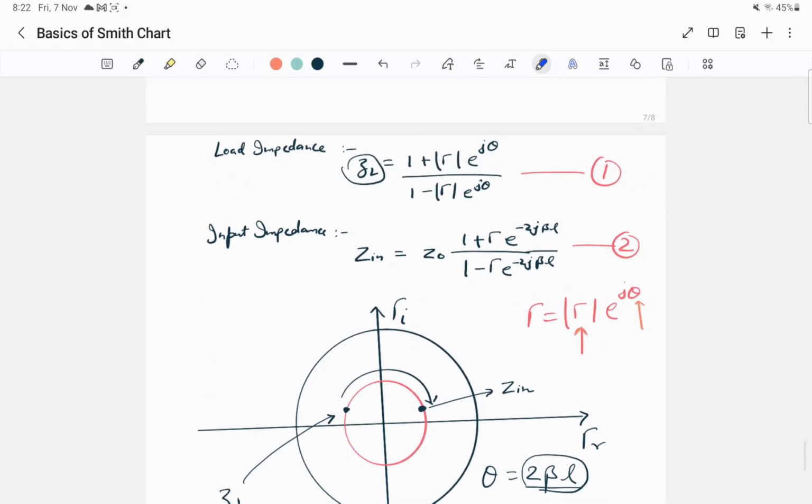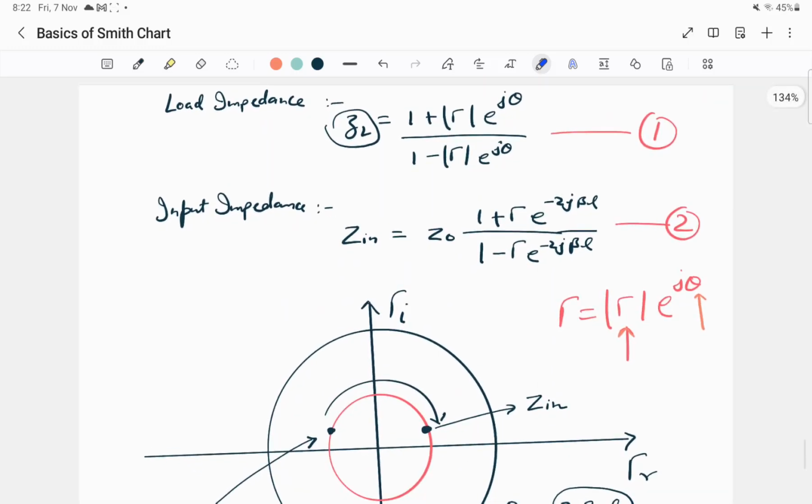Just by looking at this formula, you understand that this theta and this 2 times beta L tell you the relationship between ZL and ZIN.